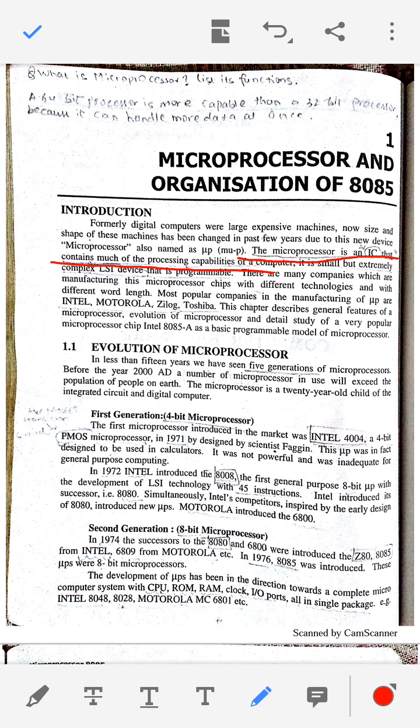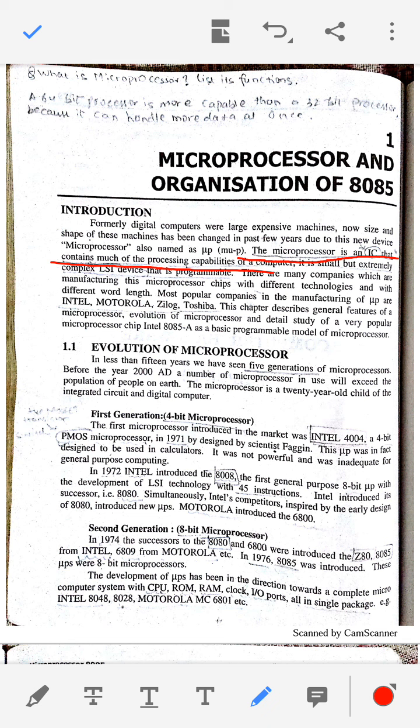We are going to learn the evolution of microprocessors, and we will study in detail a very popular microprocessor chip, which is Intel 8085. We are going to learn the 8085 microprocessor because it's a generic model of a microprocessor. It's general.